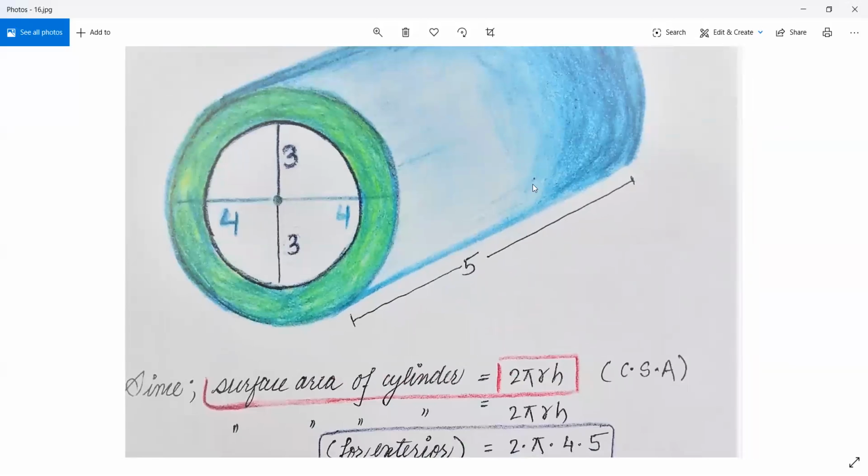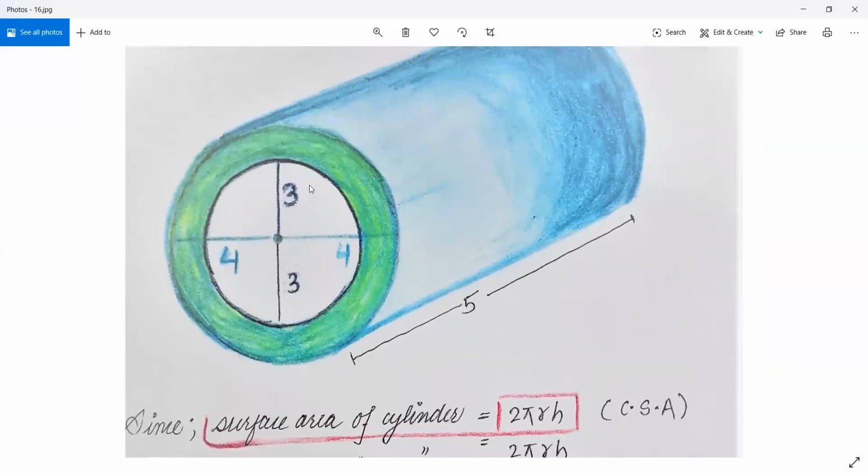Including the ends. You can see this white shaded part is the hollow part of the cylinder. We don't need the area of this white part. We just need the area of the green shaded part of this pipe, which we can get by the difference between the outer surface area and the inner surface area of the base of the cylinder.